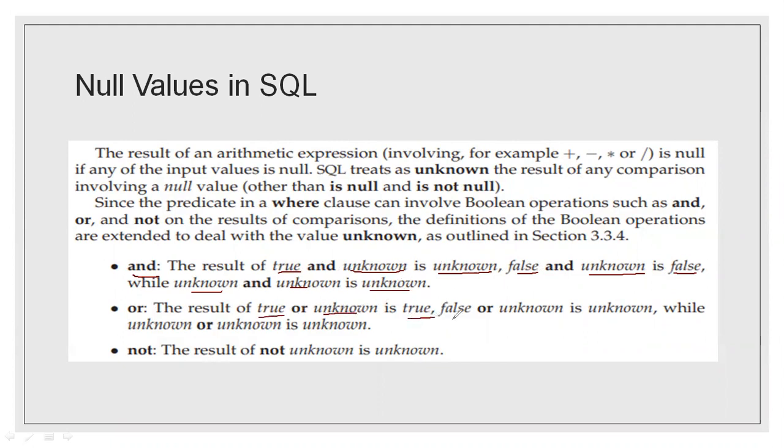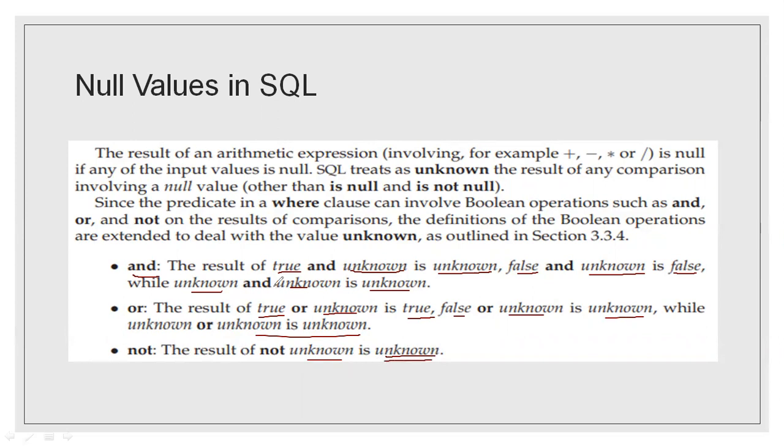Vice versa of and, false or unknown is unknown because this can be true. If it is true, it will become true. That's why unknown. While unknown or unknown is unknown. And last, not: the result of not unknown is also unknown because not true or not false is unknown, because of which the result of not is also unknown.